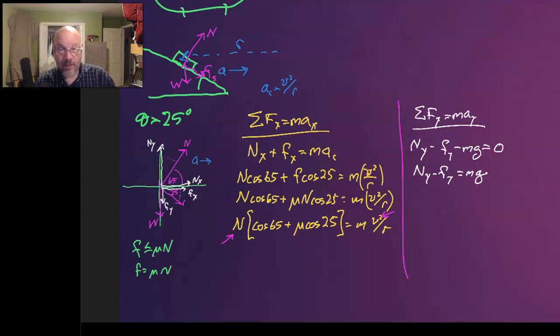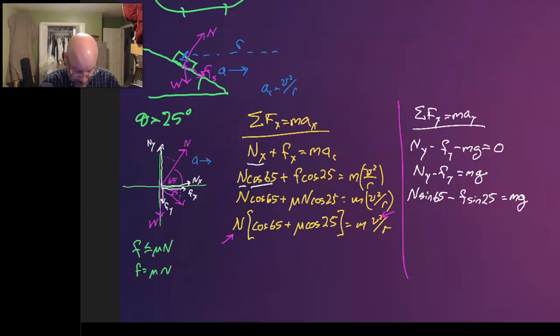Now I want to substitute in like I did before, where I turned Nx into N cosine theta, that sort of thing. So now Ny will go as N sine 65 minus F sine 25, and that's mg.